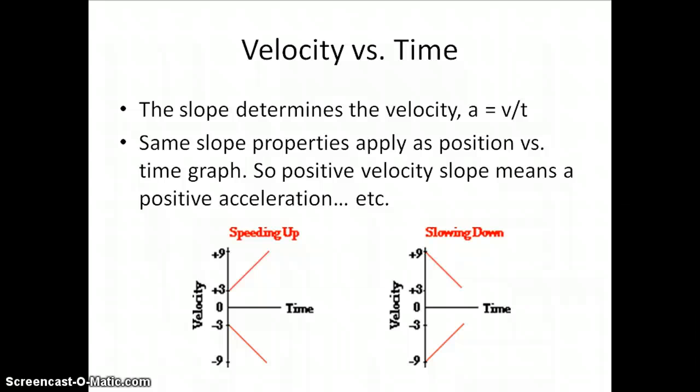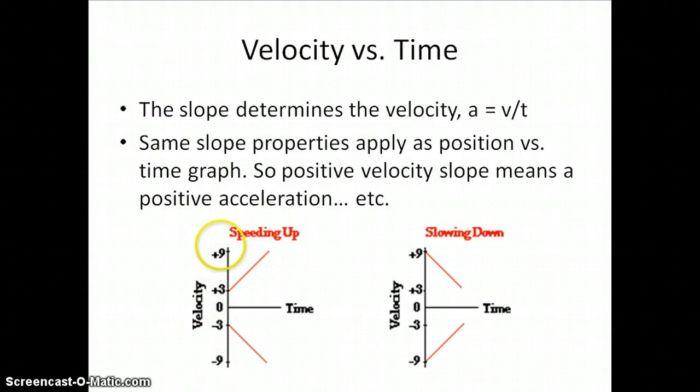So here you can see in this one right here, when you are speeding up. So if you are in a positive slope and a positive velocity, that means you're speeding up. So you're increasing your speed here in the positive direction, and here you're also increasing your speed.